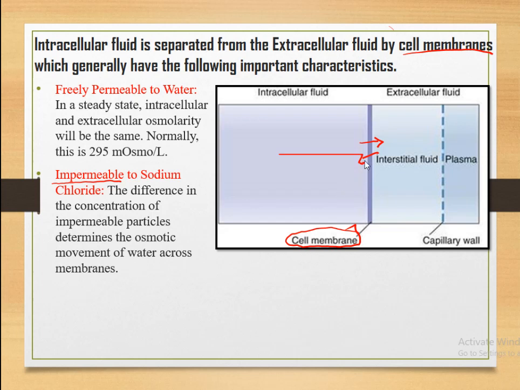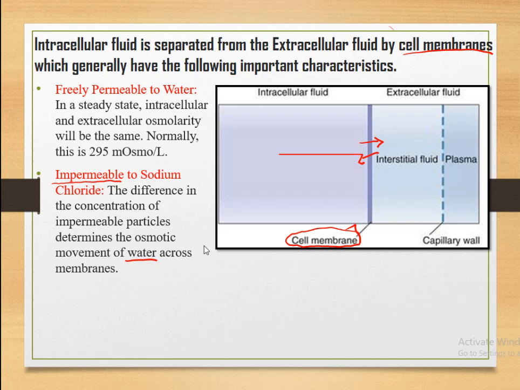The difference in the concentration of impermeable particles determines the osmotic movement of water across the membrane. These particles, such as sodium chloride, because they are impermeable, can't pass through the cell membrane.